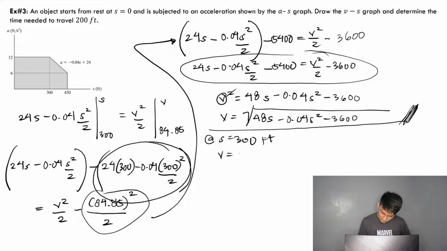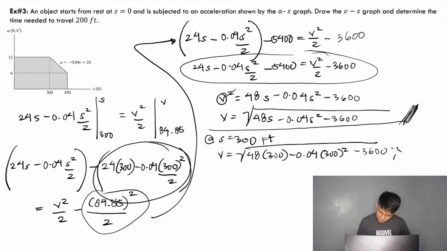The value of v, we have the square root of 48 times 300 minus 0.04 times 300 squared minus 3,600. So, the value of v is the same, 84.85 feet per second. This is the same as the velocity earlier at 300.